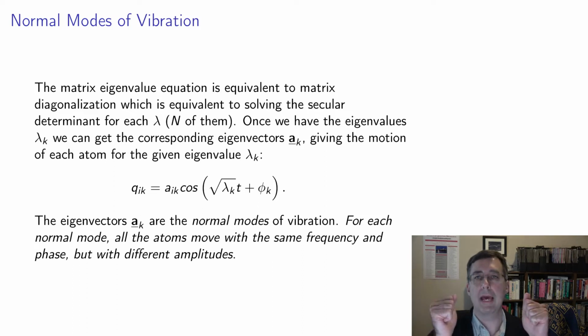So all the atoms in the entire molecule are moving collectively at the same rate, even though they might move by different amplitudes. So the a_ik can be different, but the motions are all in step. And we could call these eigenvectors a_k the normal modes. And for each normal mode, all the atoms are moving with the same frequency.